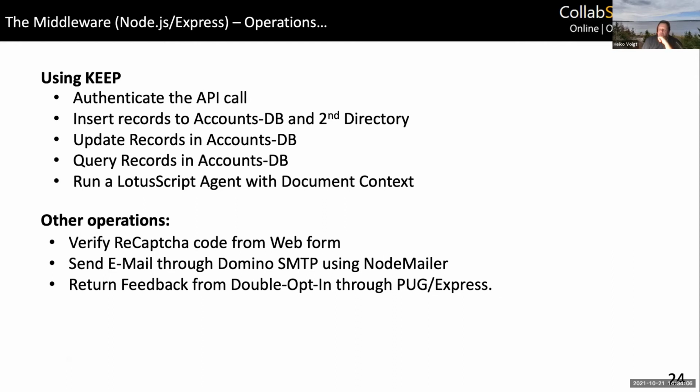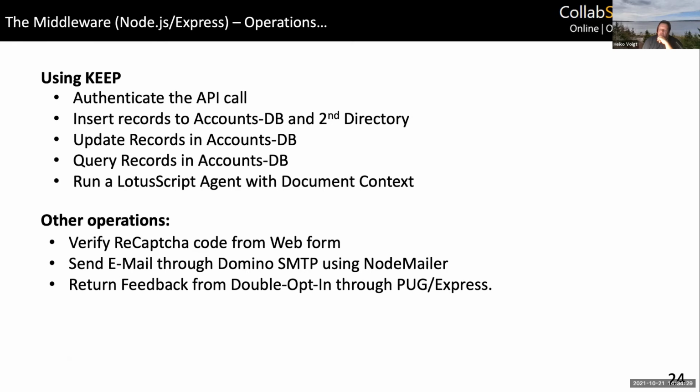So we insert records into our accounts database. We showed you that a couple of minutes ago, and also later on, when the confirmation comes back, we insert the account into our second directory, which is hooked up using directory assistance. Then we update records in the accounts database.